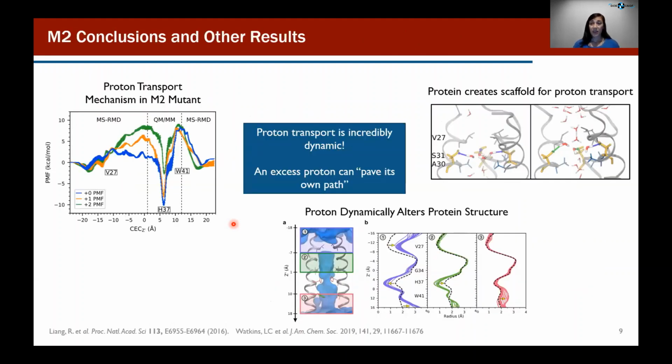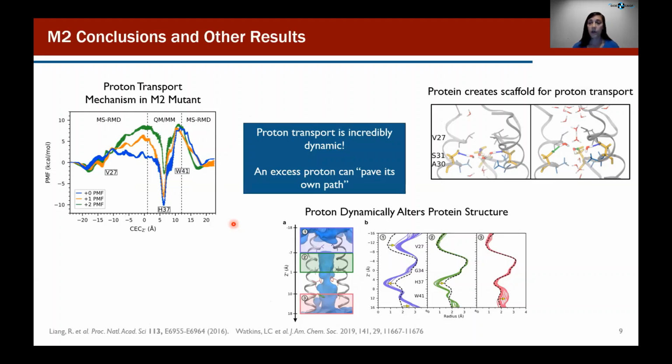So that's just a very brief overview of some of the results and some of the things that I've done. Altogether, these results show that proton transport is incredibly dynamic. There are many people that try to look just at static structures and look at water wires to determine whether proton transport is possible or whether it exists in a new system.